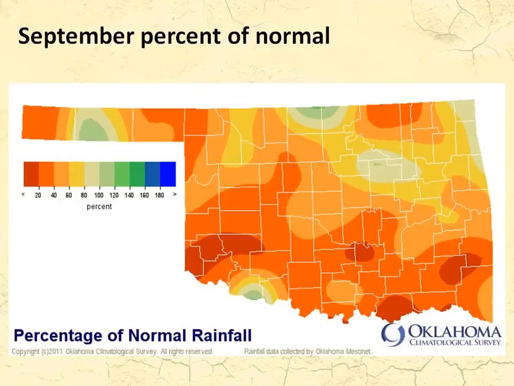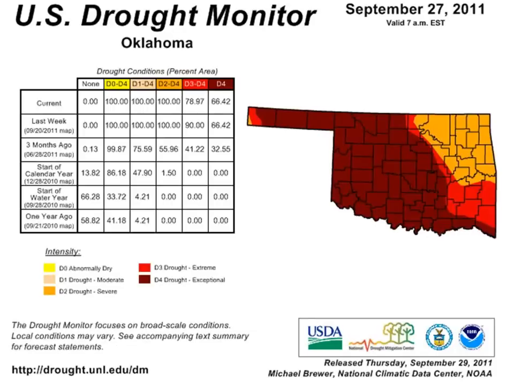There were a few areas that got those lucky rainfalls, and that did allow for some improvement in our drought monitor map. If we can go to the next slide. So while most of the state still remains in that D4 exceptional drought, up to 66%, we did have a reduction over there in eastern Oklahoma along I-40 where they did get those more generous rainfalls over the last 3 weeks or so.